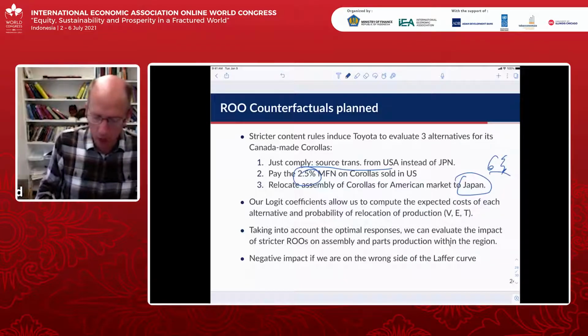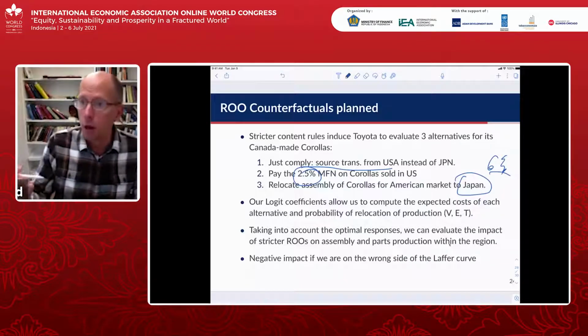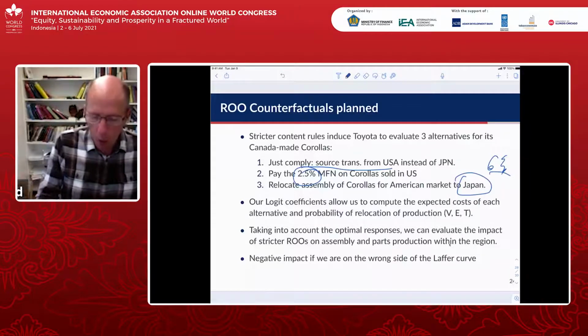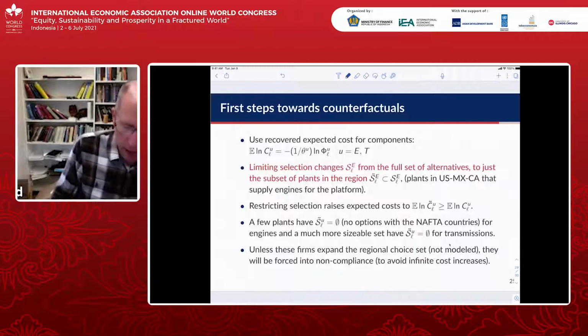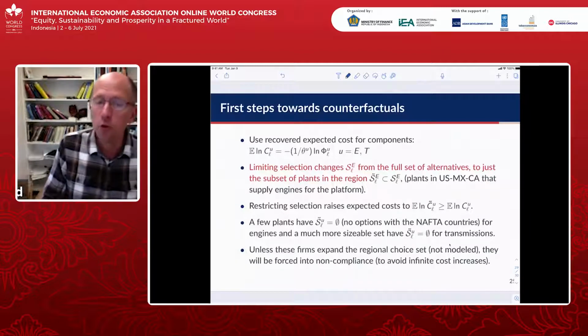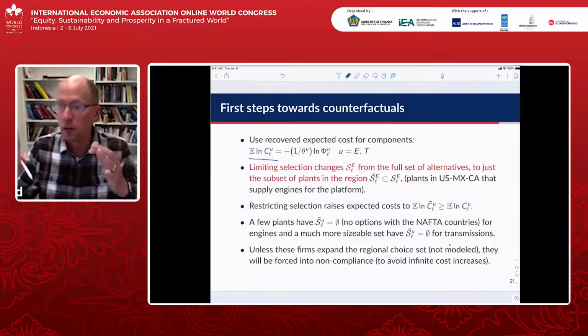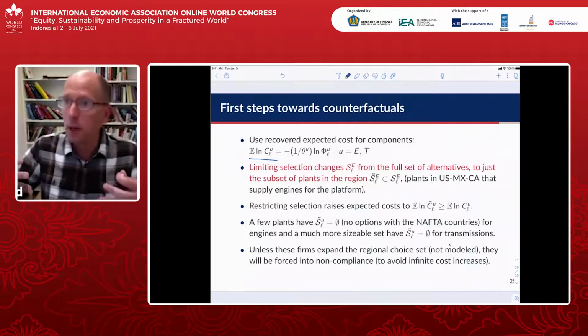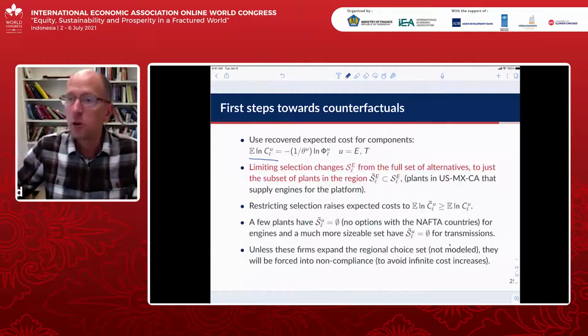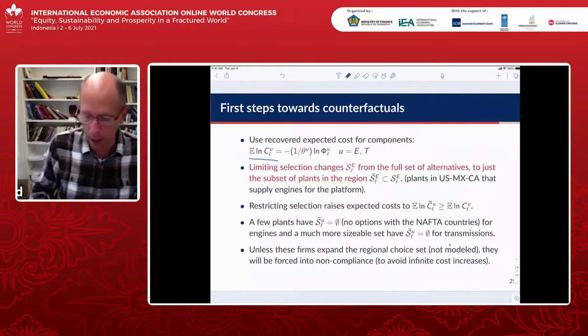Now, are they likely to change and switch production? Well, what we can do is we can recover the expected log costs for restricted choice sets. So we can limit the choice set to just North American choices and use the same formula for expected log costs to recalculate it as a restricted choice set to just North American options.